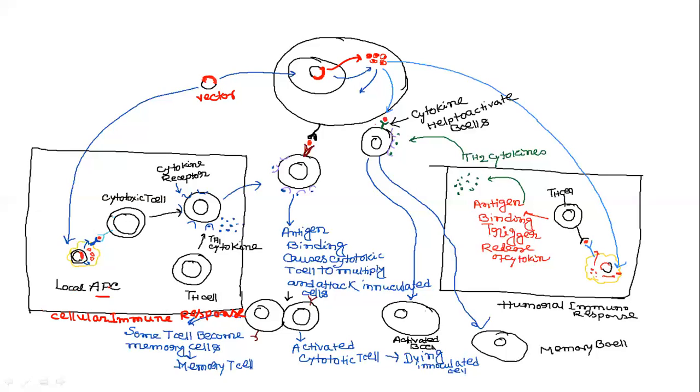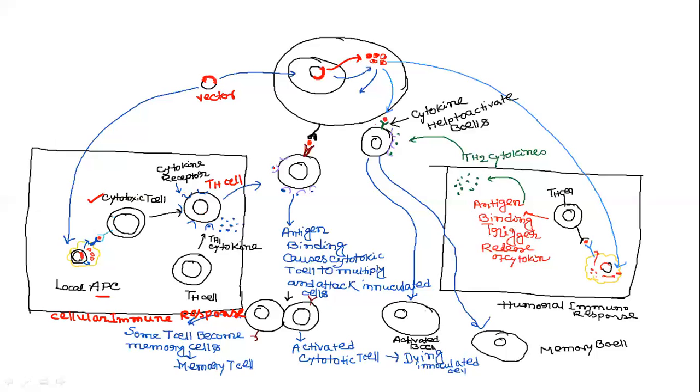The protein will be expressed on the surface. Now the surface attracts the cytotoxic T cell. The activated cytotoxic T cell helps to increase different types of cytokine receptors, which will be expressed on the T helper cells at the site, and it will act.